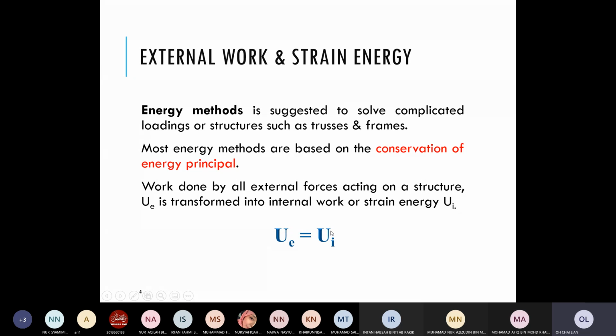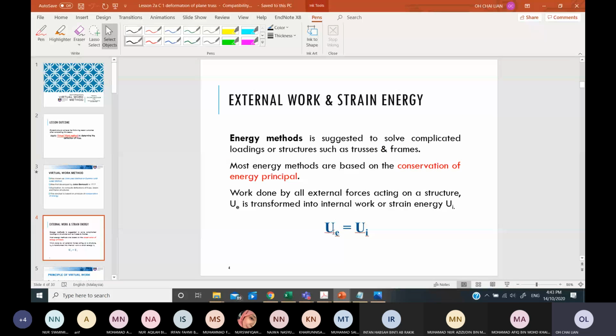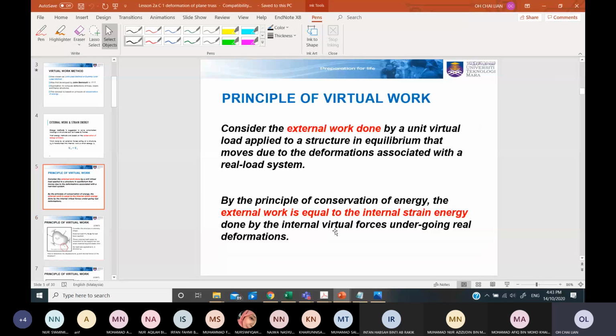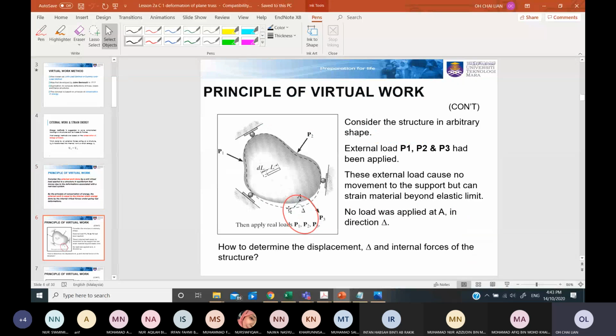How much the work done at external, it should be reflected in the internal. So this is the very important concept, but please read through these slides. This is more explanation on that, with a graphic to tell you what this is about. The principle of virtual work.